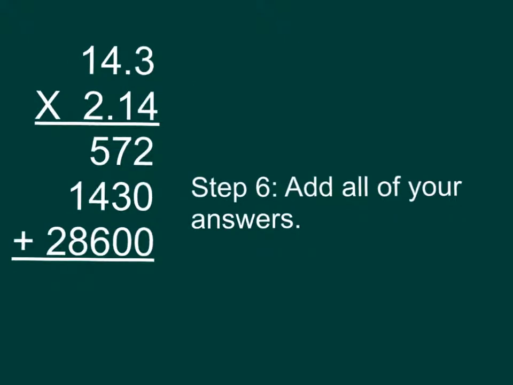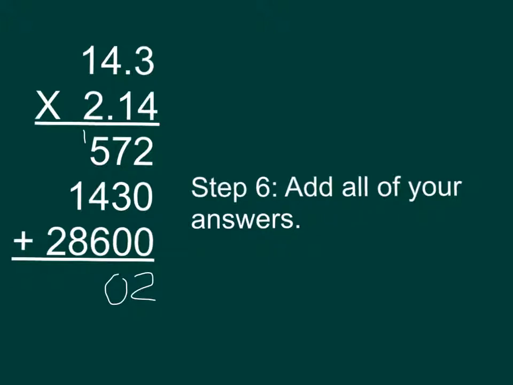We've now multiplied all of our numbers, and now it's time for us to just simply add all of our answers together. So we have 2 plus 0 plus 0, which is 2. 5 plus 3 is 10, plus 0 is still 10. Carry my 1 here.